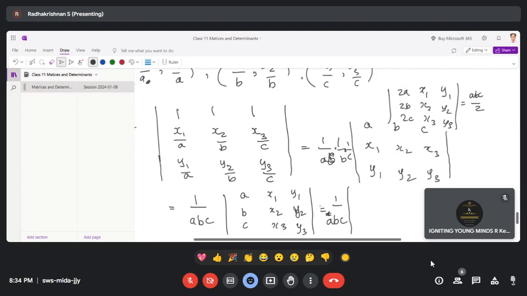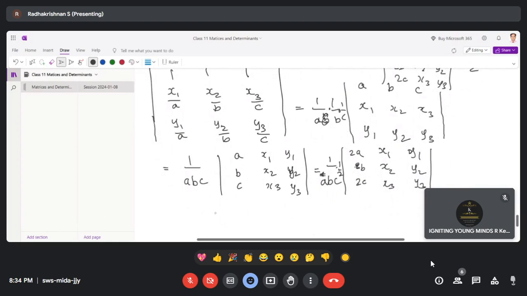If you take out another half, then you can put it as 2a, 2b, 2c, because half into 2a is a, half into 2b is b, half into 2c is c. I'm not taking out anything from the other columns because they are already exactly as given in the problem.